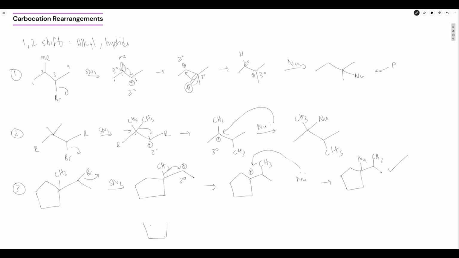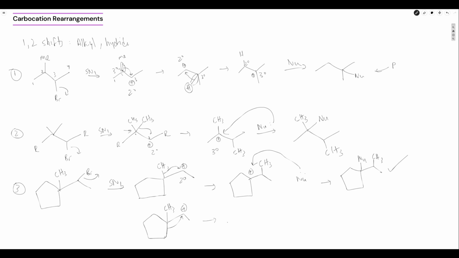However, there is something else that can happen in this case, which is more interesting. And that is that the endocyclic bond can shift. So this bond here that's making up the ring can do the same shift like so.